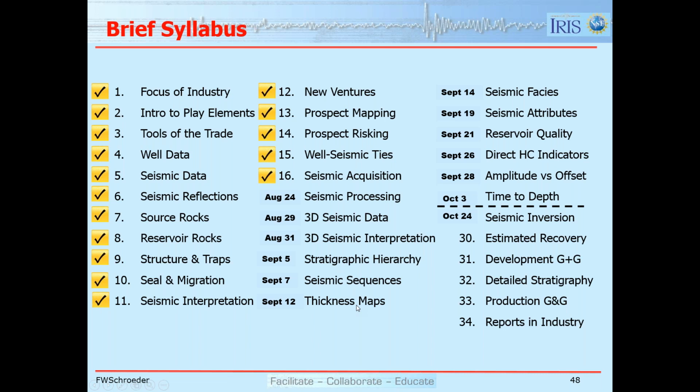A lot of times we'll do a Fourier transform, and take things from the two-way time domain into the frequency domain, and we can design filters in the frequency domain that will take out things such as ground roll and multiples.